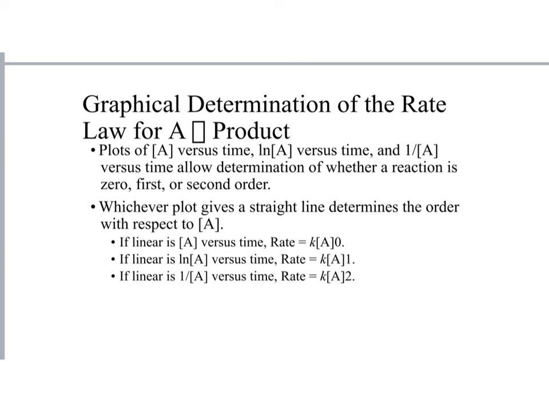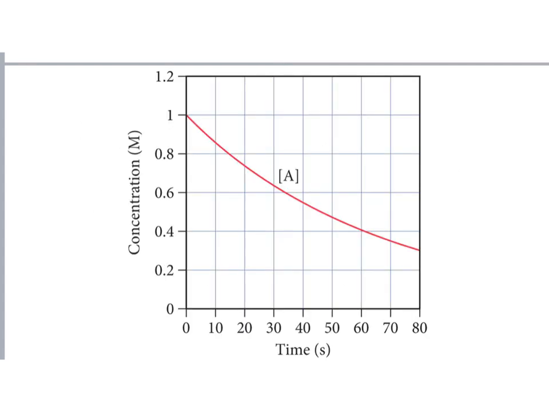We can use that as part of the plot. Whichever plot gives us a straight line is going to help with the order, okay? And in helping with the order, we're then going to be able to figure that out from each of the plot fittings.